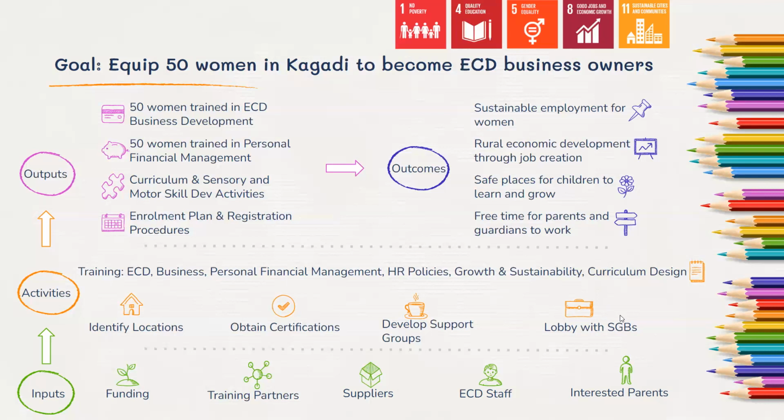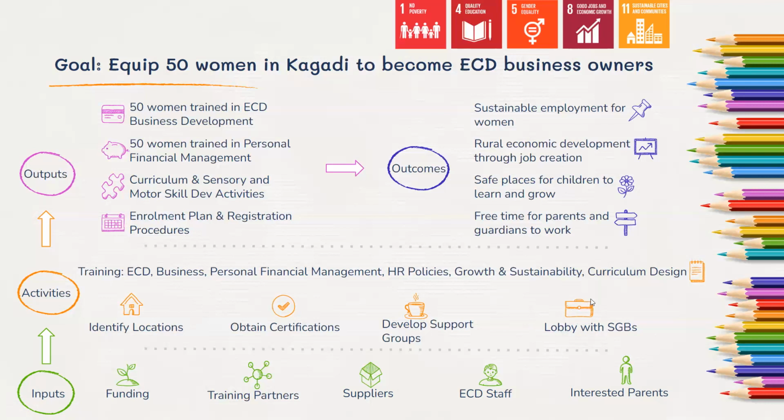When they graduate out of ECD, they need to have a place where they know that they are welcome in that community. And you need to then check your outputs. Did we include here anything to do with school placements for primary school? And we did not. So here is where you either add in the output for primary placement, or if you realize that perhaps lobbying with school governing bodies is not a necessary activity, then you take it out.